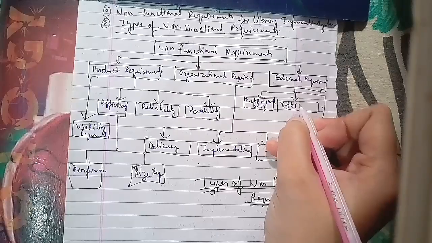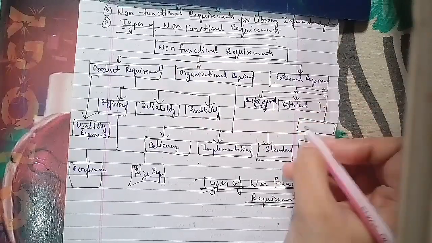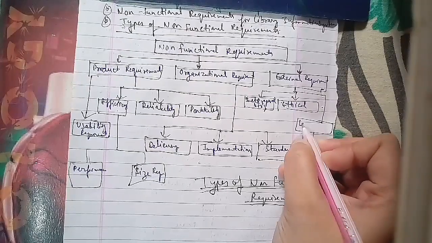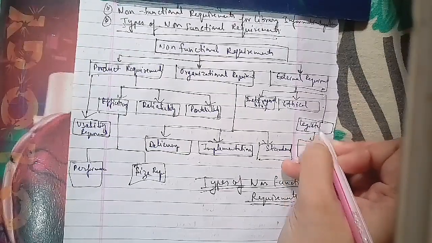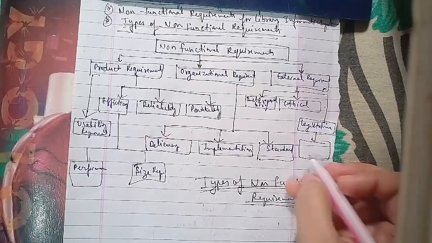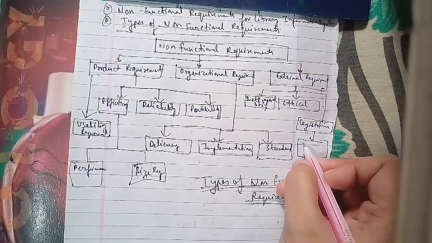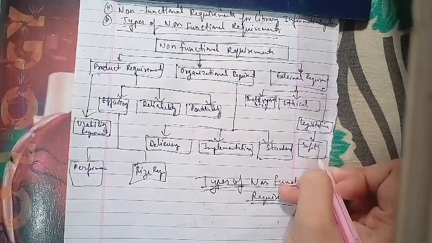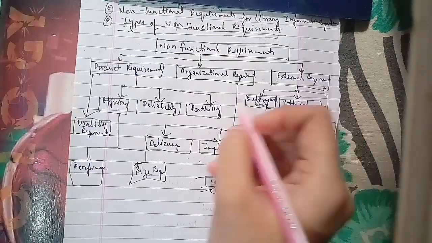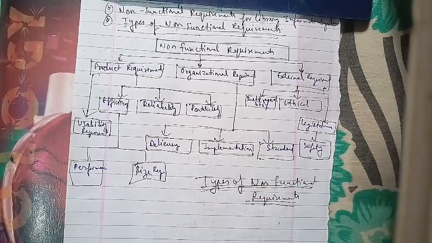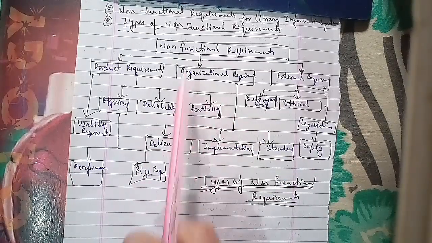So as I just let you go ahead with non-functional requirement, this has been divided into three, which is your product requirement, organizational requirement, and external requirement as well. Product requirement has been divided into four: efficiency requirement, reliability requirement, portability requirement, and the fourth is your usability requirement. Efficiency has been divided into two, your performance requirement and the size requirement.